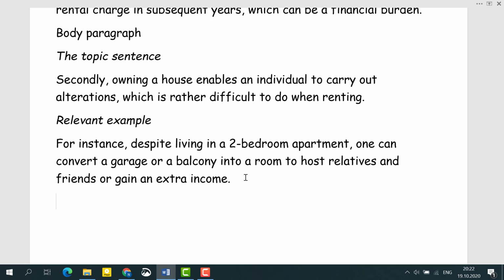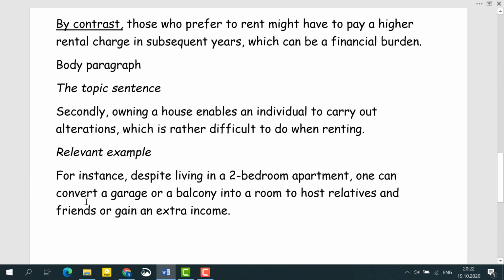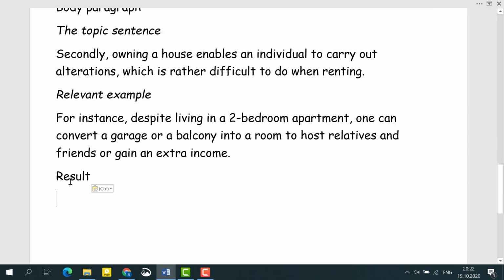Okay, next, now again, I'm talking about the result. Well, I also want to use the phrase as a result here. No problem. As a result. Or I can just change it.